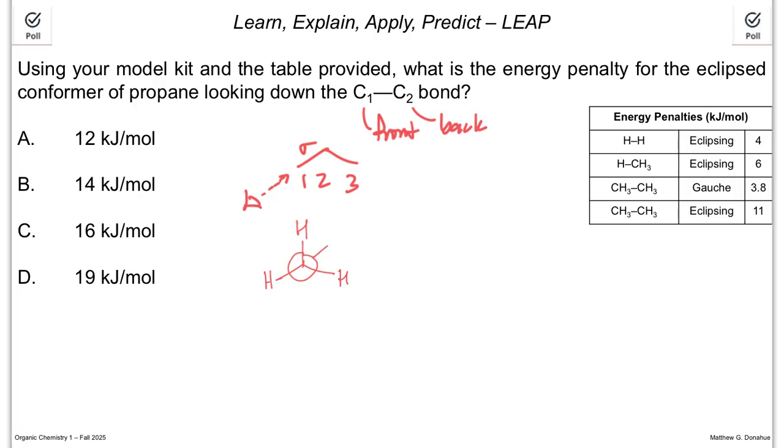So we have 2 of them will be hydrogen. And now the third one is going to be the methyl group. So that's a staggered conformation.